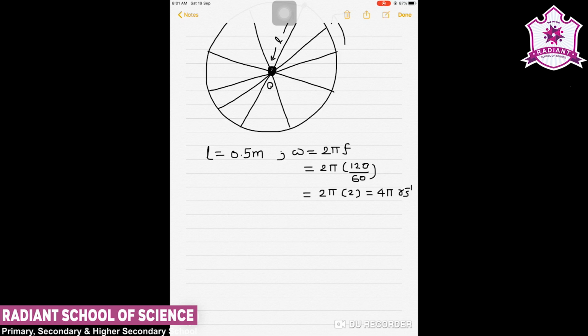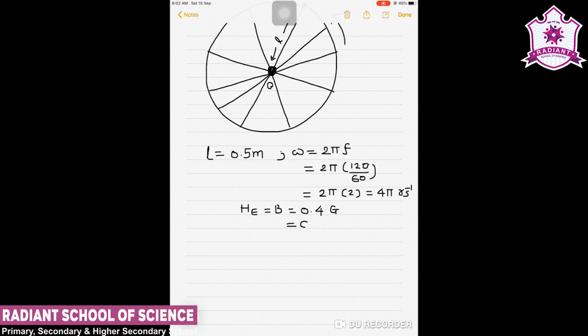Then what is next? The ring is normal to the horizontal component of Earth's magnetic field HE at a place, and HE's value is given, that is 0.4 Gauss. So here we are provided HE, that is nothing but the magnetic field, 0.4 Gauss, and we know that 1 Gauss is equal to 10 to the power minus 4 Tesla.